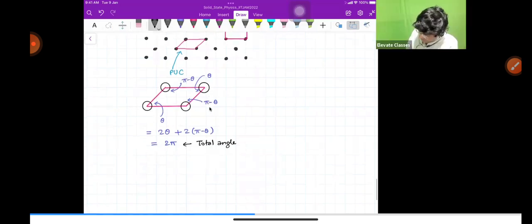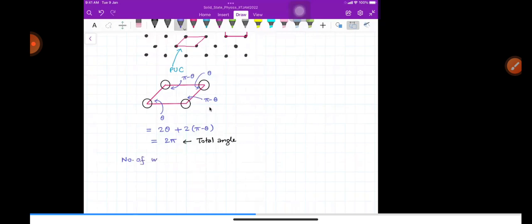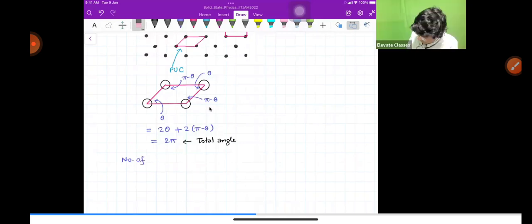So you can calculate the number of lattice points inside the unit cell.